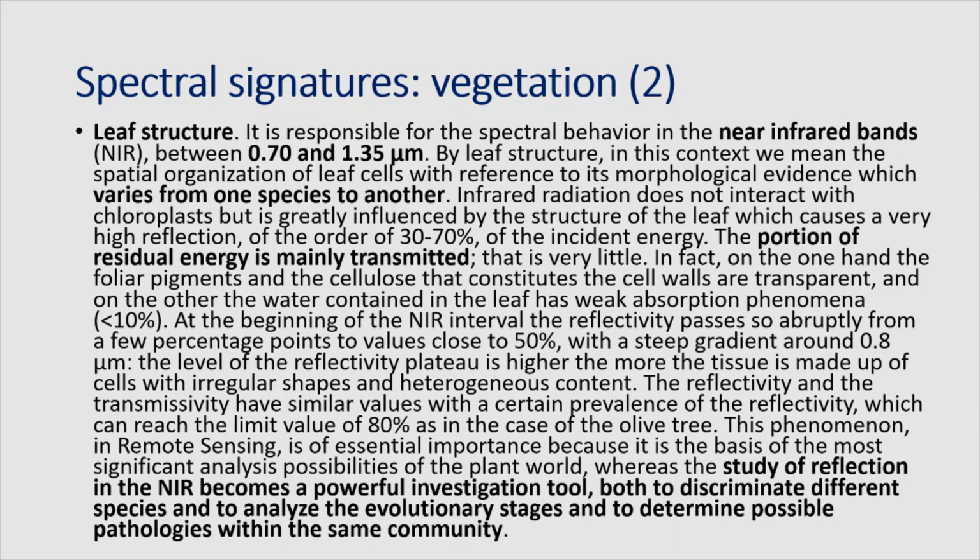The level of the reflectivity plateau is higher the more the tissue is made up of cells with irregular shapes and heterogeneous content. The reflectivity and the transmissivity have similar values with a certain prevalence of the reflectivity, which can reach the limit value of 80%, as in the case of the olive tree, for example, that is very present in the Mediterranean area and, of course, also in Italy.